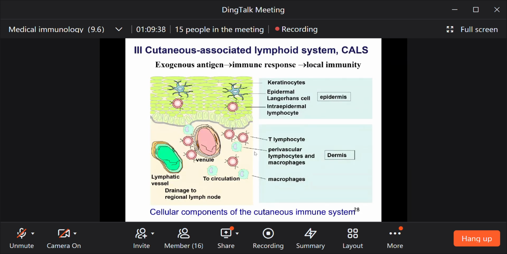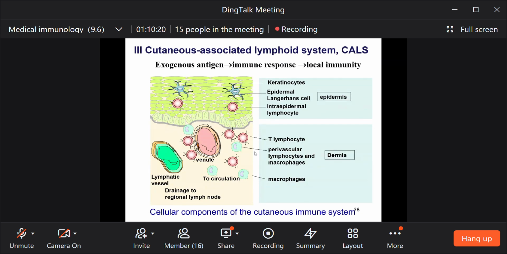We can see here a cutaneous associated lymphoid system. Below the epithelium, several kinds of lymphocytes exist here. We can see the structure below the epithelium.